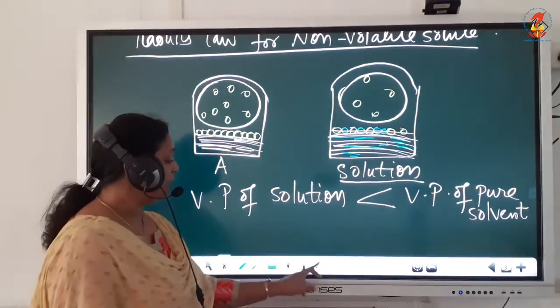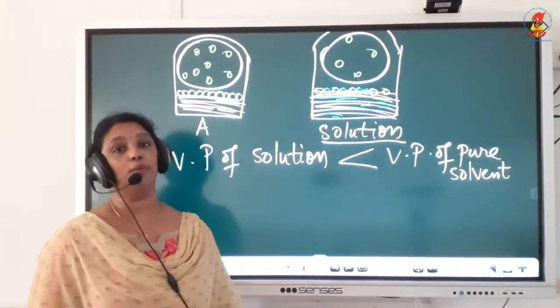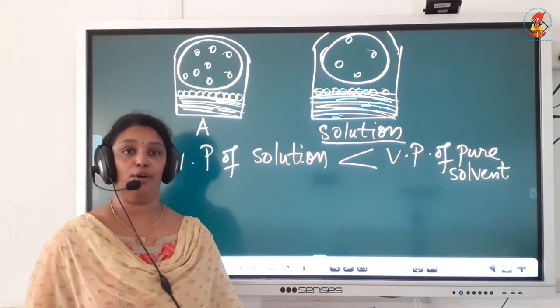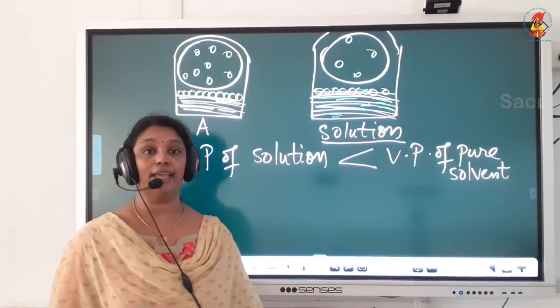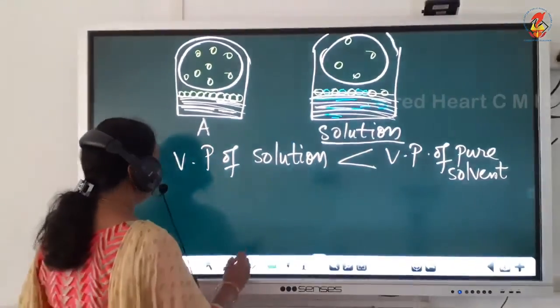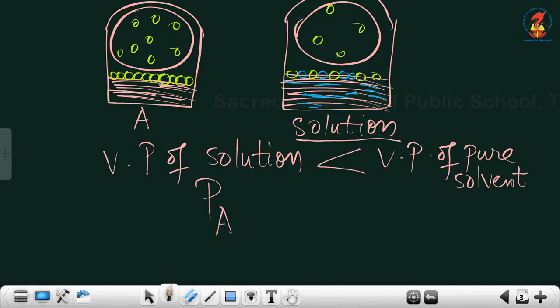According to Raoult's law, the vapor pressure is directly proportional to the mole fraction of each component. But in this case our solute is non-volatile. So here we have vapor pressure only due to solvent A, which will depend only on the mole fraction of solvent.